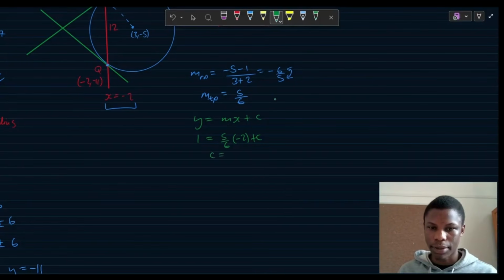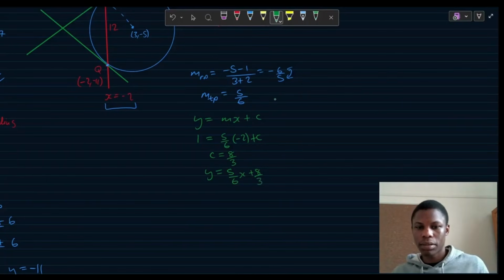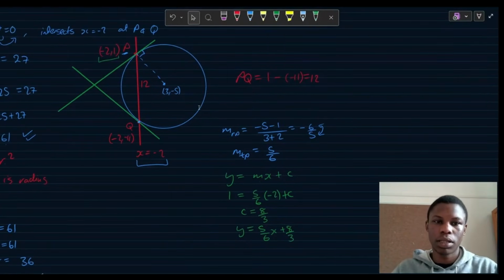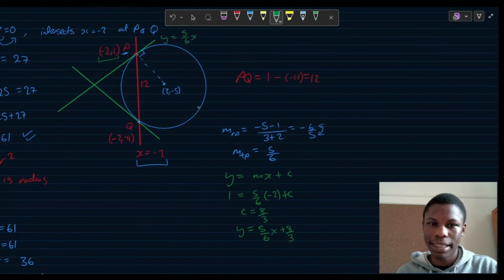So c is 8/3. So we have that the tangent at P has the equation y equals 5 over 6x plus 8/3. So that tangent there has equation y is equal to 5 over 6x plus 8/3.